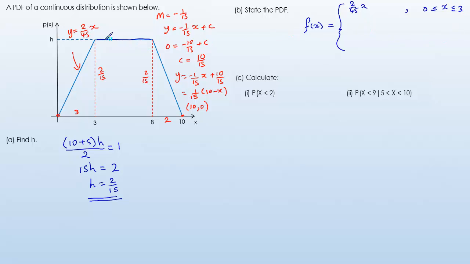We can say that it's 2/15 for x between 3 and 8. Note the less than or equals and less than. It is then 1/15 of (10 minus x) for x between 8 and 10, and it's 0 otherwise.